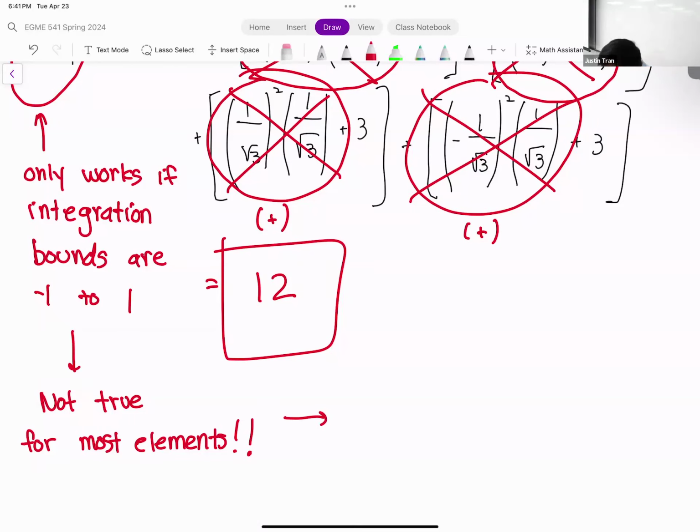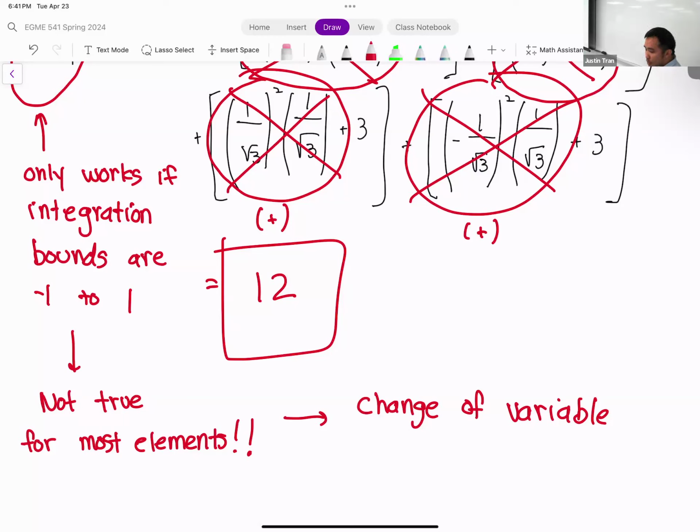So we're going to do the same thing here. We're going to perform a change of variable, and that's going to alleviate our issue. That change of variable will let us perform an integral on any expression, on any bounds.